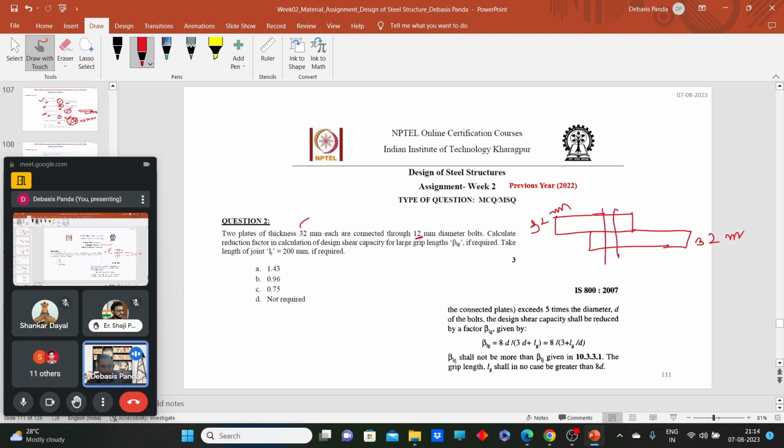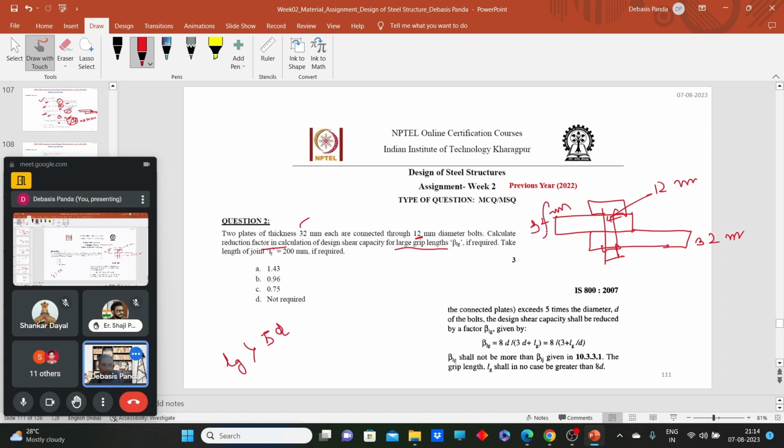Here the diameter of the bolt is 12 mm. Now it says calculate the reduction factor for large grip. First, do we need that reduction factor? We call a grip a large grip when the grip length LG is greater than 5D.